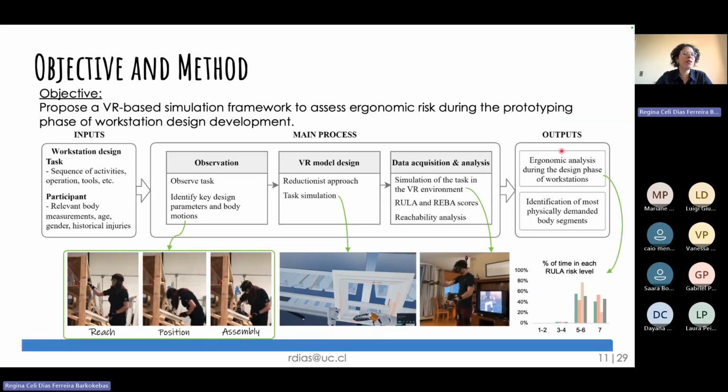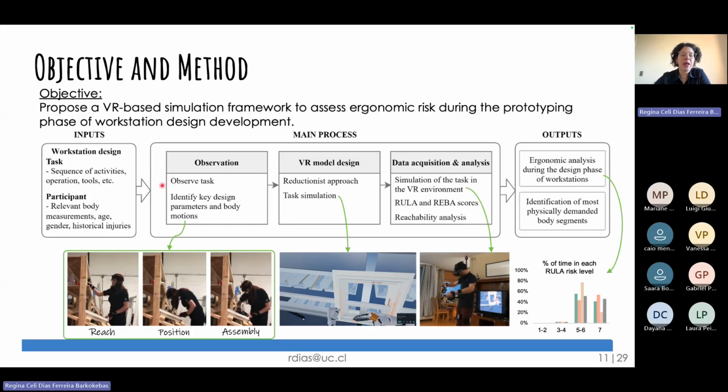So the objective of this case study was to propose a virtual reality-based simulation framework to assess ergonomic risk during the prototype phase of workstation development. So here it was really important, well, actually, always when we're working with virtual reality, especially towards ergonomics studies, to observe the task.